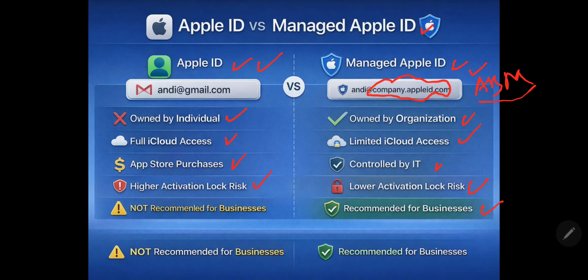Step 4, assign devices and use with MDM. Assign devices to an MDM server. In MDM, enroll devices automatically. Users sign in using their Managed Apple ID. The result: accounts are owned and controlled by the organization, with better security, compliance, and device recovery.